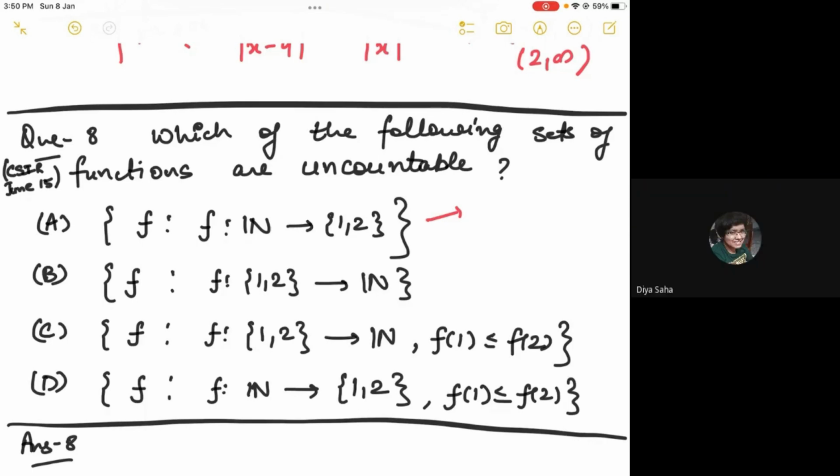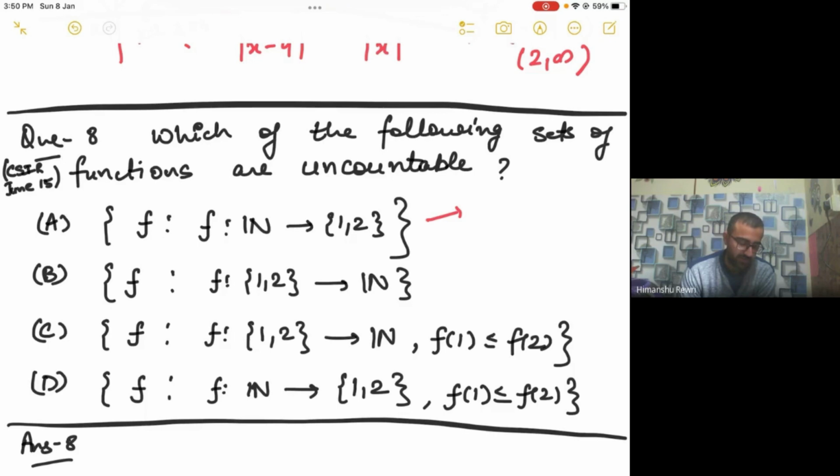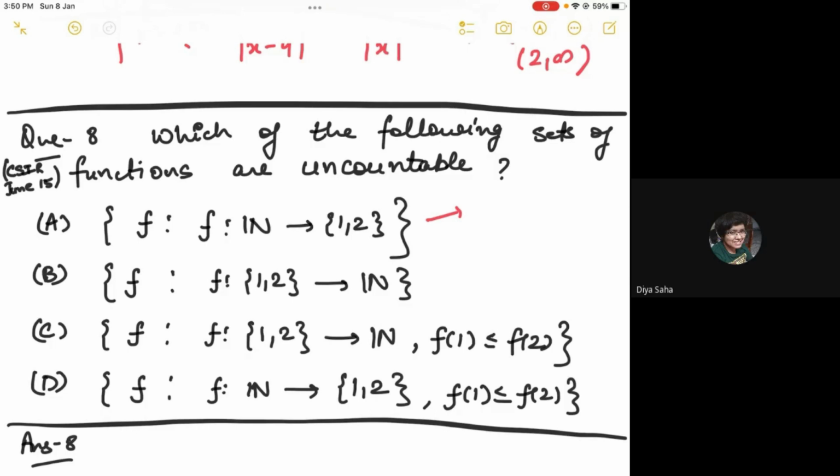So uncountable. The set is 2 to the power n, 2 to the power natural numbers. Why will it be 2 raised to the power cardinality of N? Because for every natural number we have two choices for the image, 1 or 2. Right.